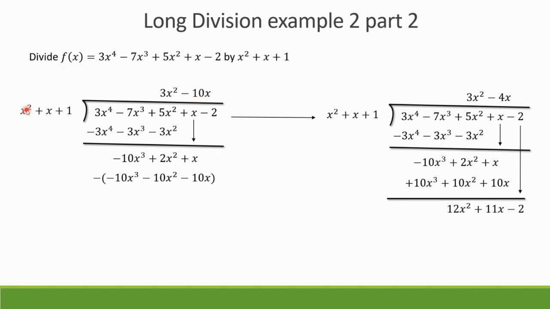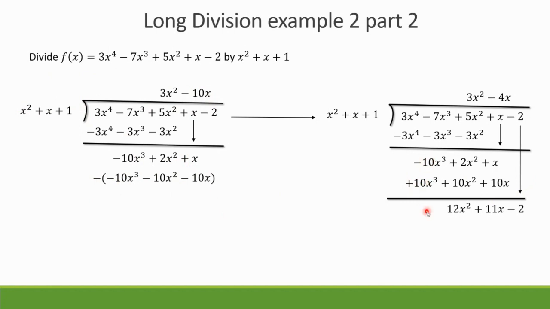So we have minus 10x times x squared, that's minus 10x cubed. Minus 10x times x is minus 10x squared. Minus 10x times 1 is minus 10x. And we're going to subtract that. Well, we subtract, so we distribute that negative, so we get this. Negative becomes plus.